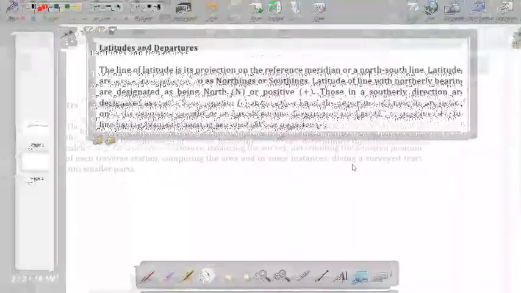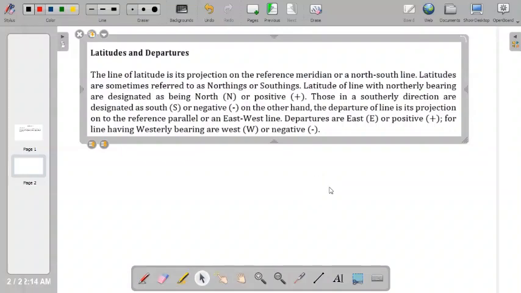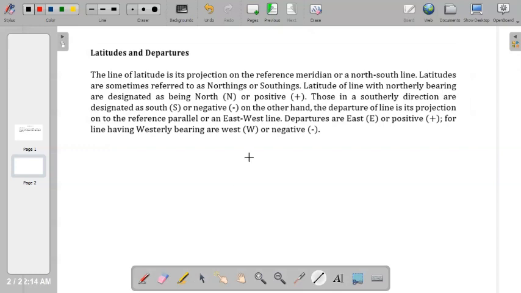The line of latitude is its projection on the reference meridian or a north-south line. So if you have a reference meridian here, the line of latitude is its projection on the reference meridian or north-south line. So this is your line of latitude.